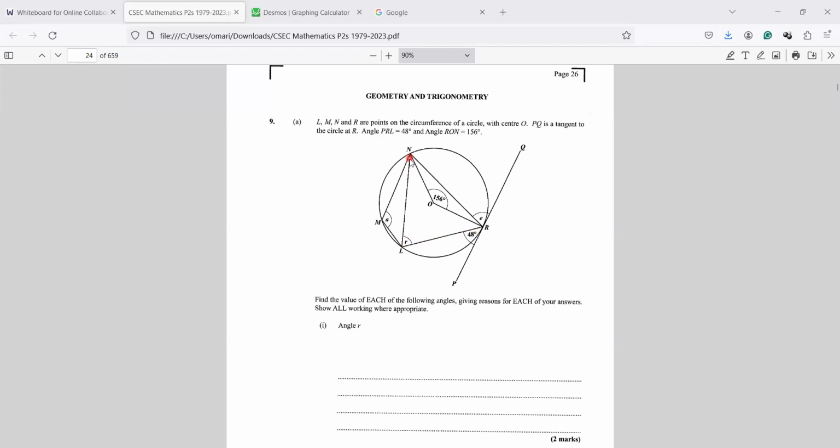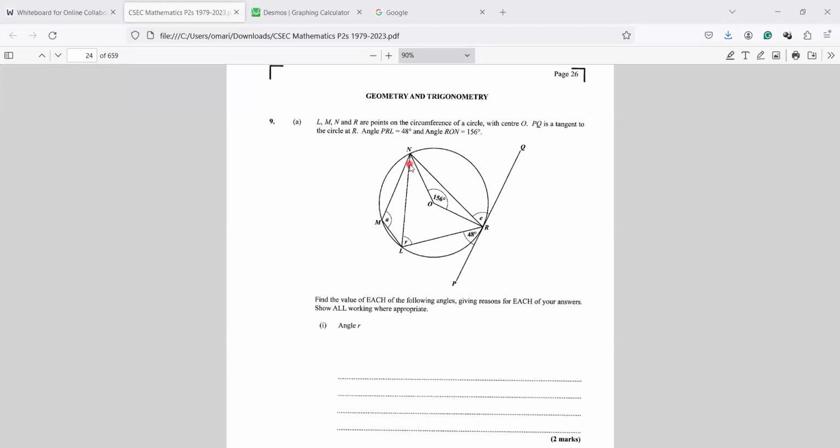Now we also need to consider what else is around angle R. Now I see where someone said in the chat that they think that angle R is 90 degrees, and that is a fair answer, but it's not correct.